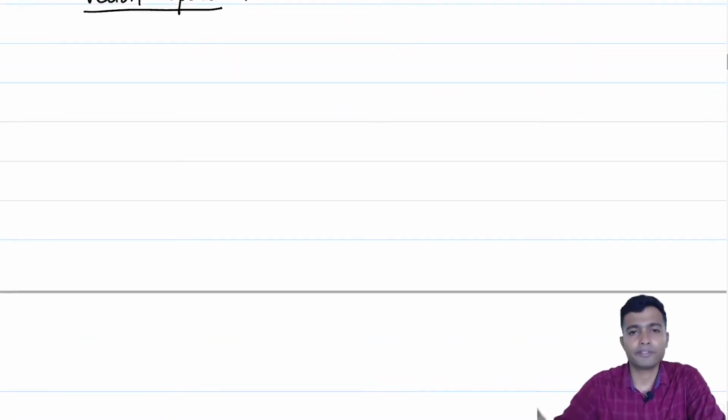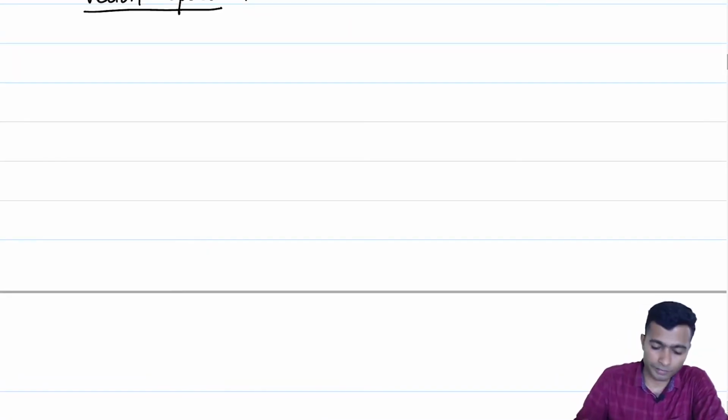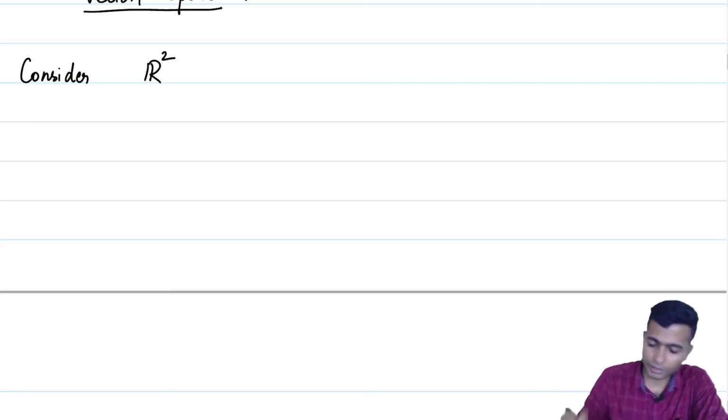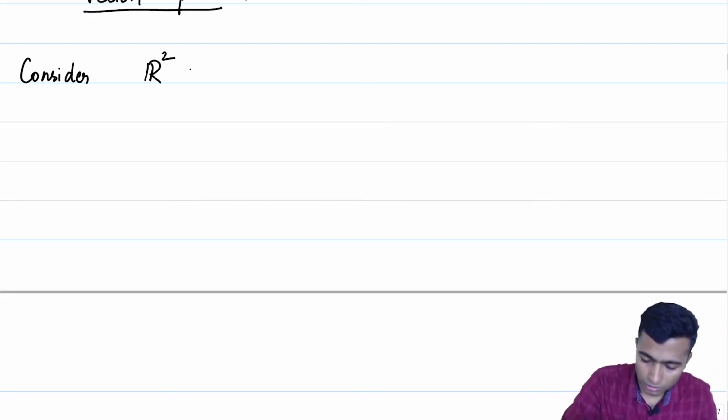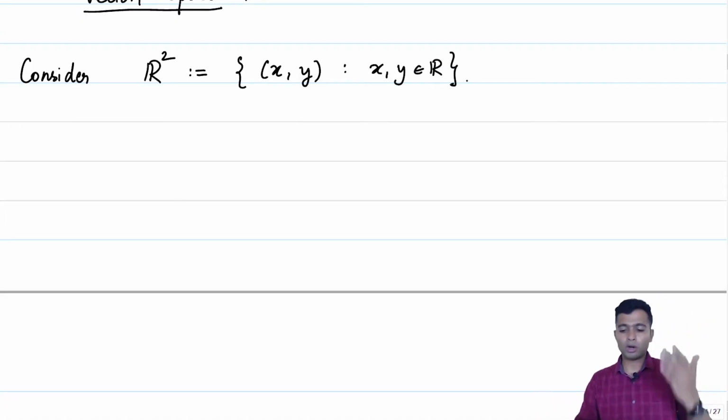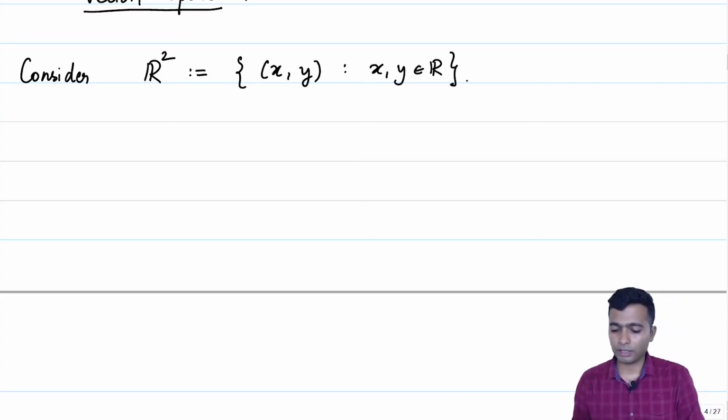So let's start with something very familiar. Consider the Cartesian product R2 from coordinate geometry. What is this? This is just the set of all (x, y) such that both x and y are in R.